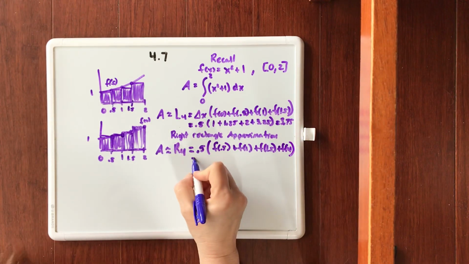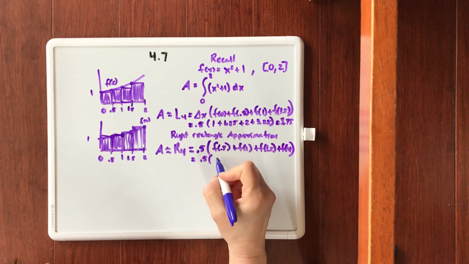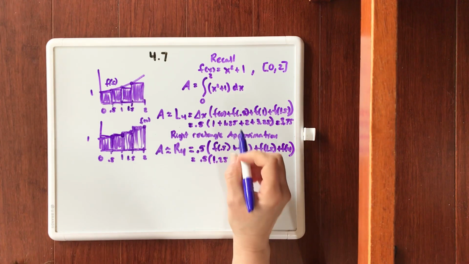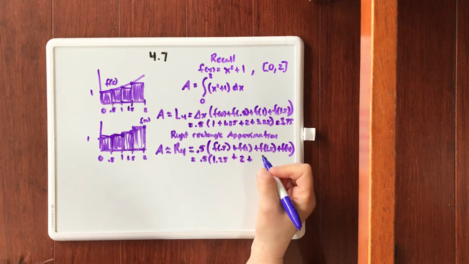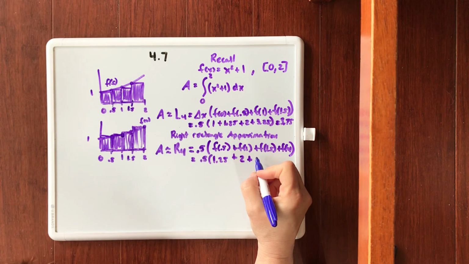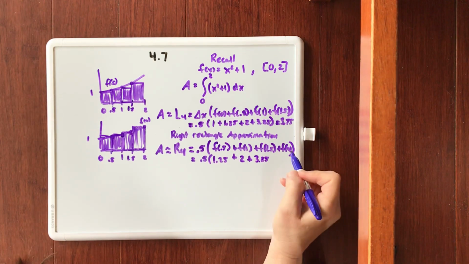When we add those up, we get 0.5 times f of 0.5 is 1.25. F of 1, we put that in there, 1 plus 1 is 2. F of 1.5, put 1.5 in there, and we get 3.25. And the last one is f of 2.